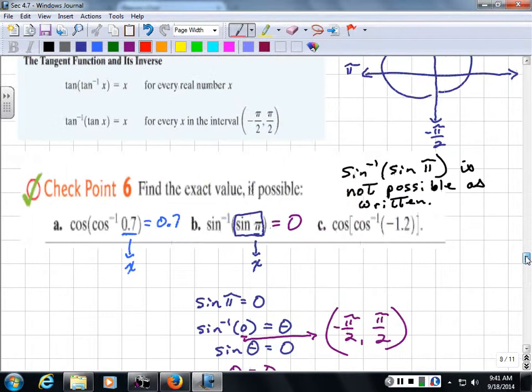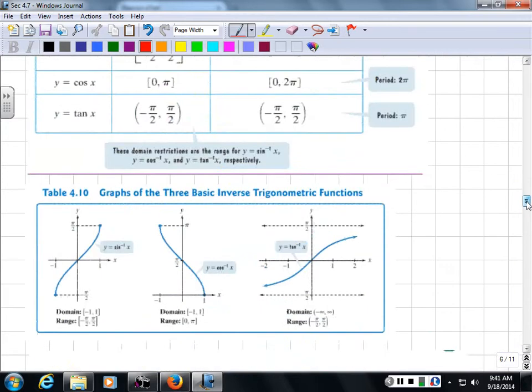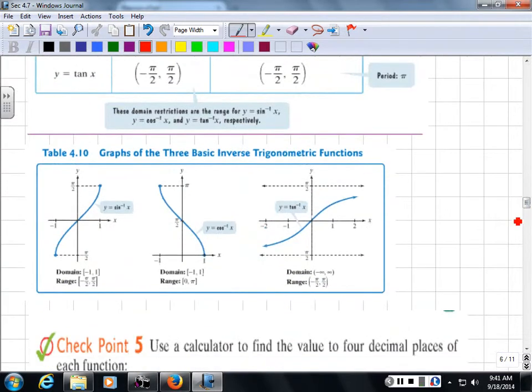Let's look at everything that we got for inverse tangent. The domain goes from negative infinity to infinity, but what about the range? Negative pi over 2 to pi over 2, okay? Which means that the answer that I'm going to get for the inverse tangent of 5 over 12 is going to be between negative pi over 2 and pi over 2, right? That's what I'm looking for.